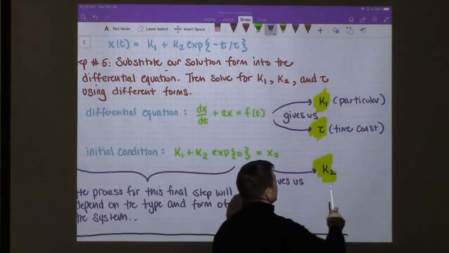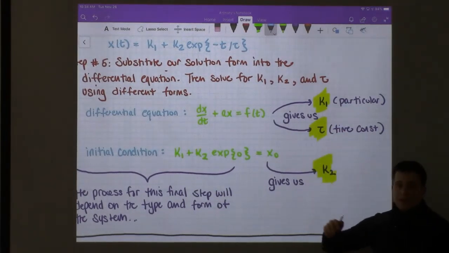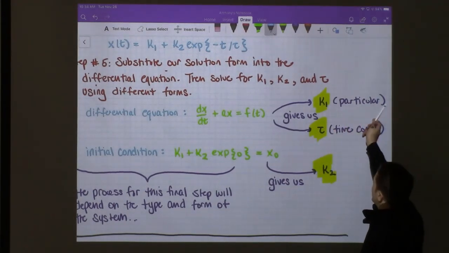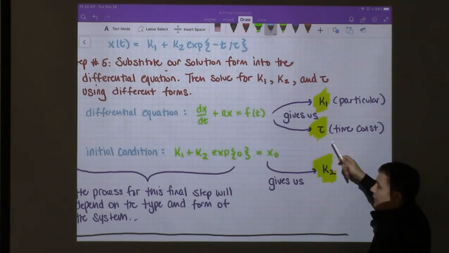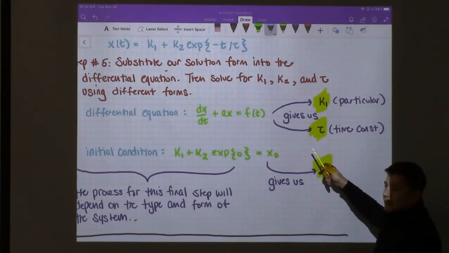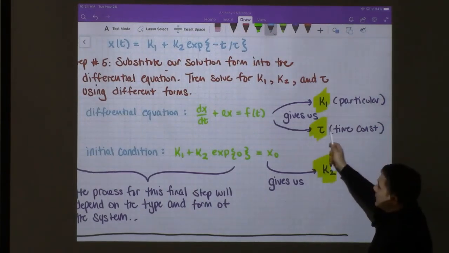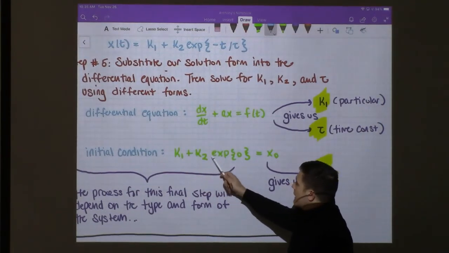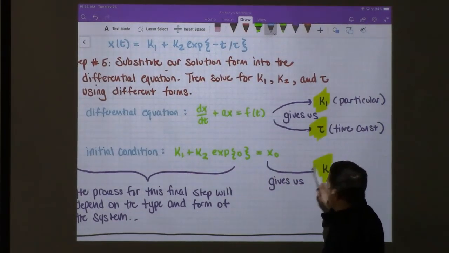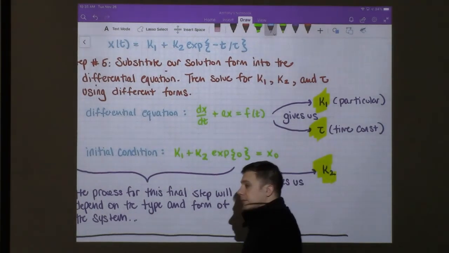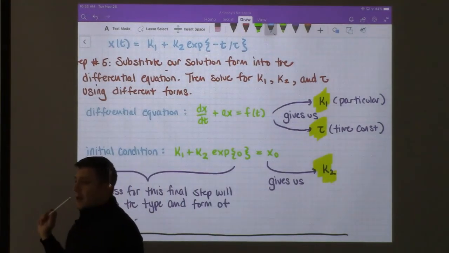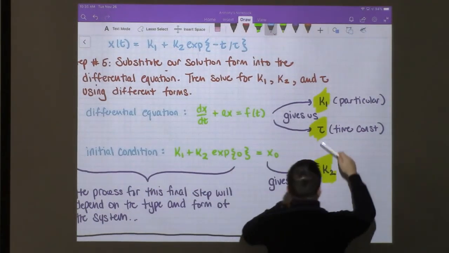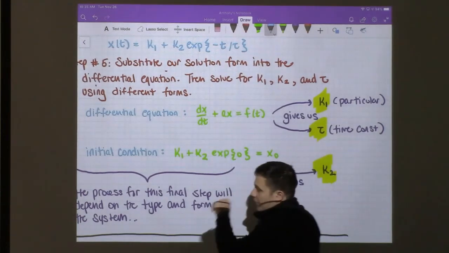The particular solution, the scalar or the constant part, will give us k1, and then the coefficient of the e to the something will give us the time constant. Those are two of the values, and then the initial condition, k1 plus k2 e to the 0 equals x0, will give us k2. Now, there's a little bit of wiggle room there depending on how the numbers work out. These two may be flipped, potentially.